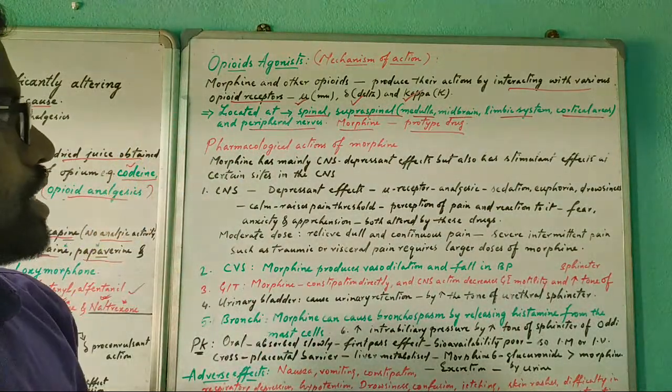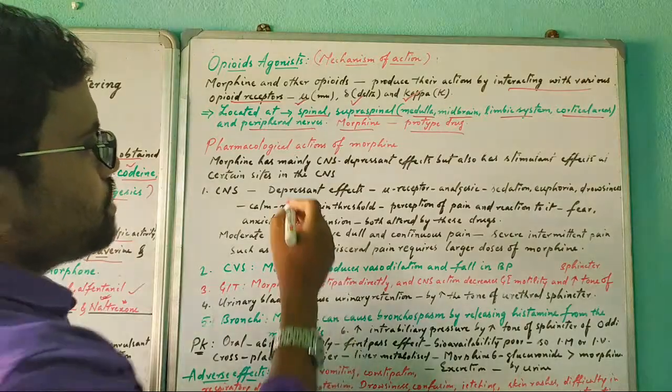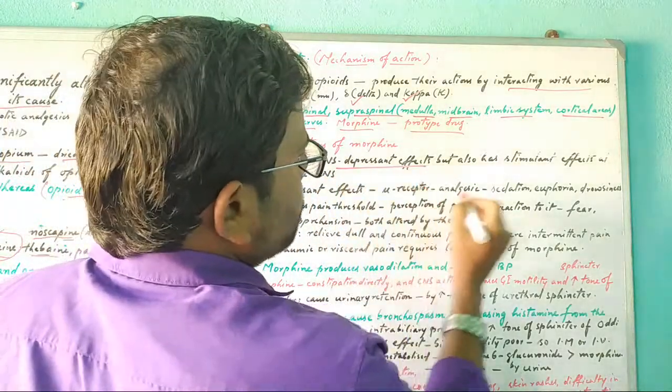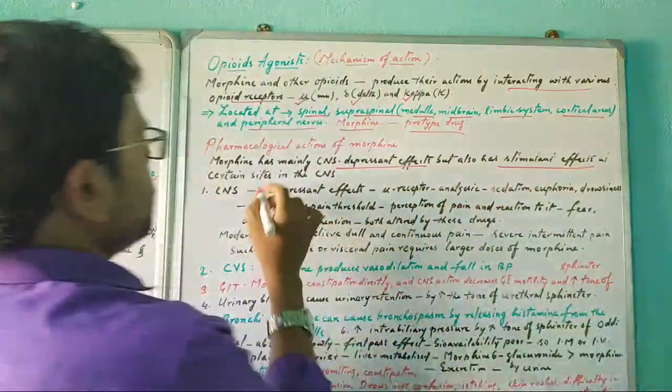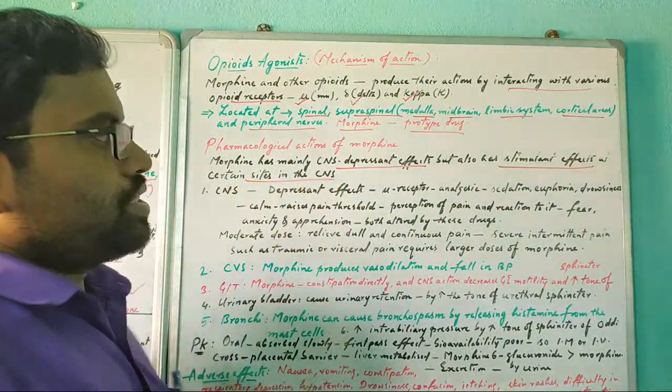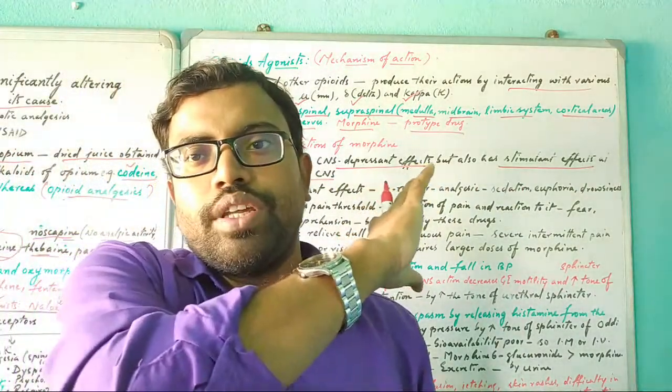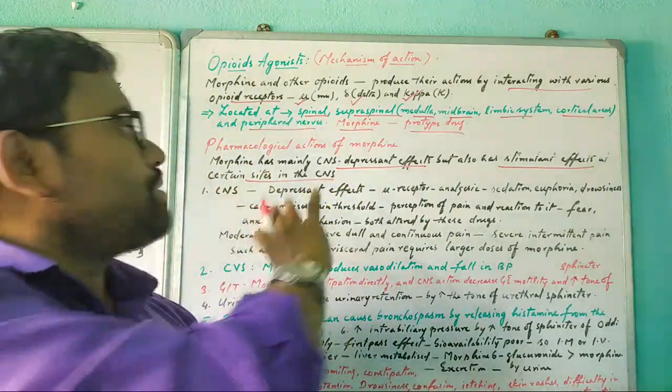Then the pharmacological actions of morphine. Morphine has mainly CNS depressant effects, but also has stimulant effects on certain sites in the CNS. So morphine particularly produces a CNS depressant effect.